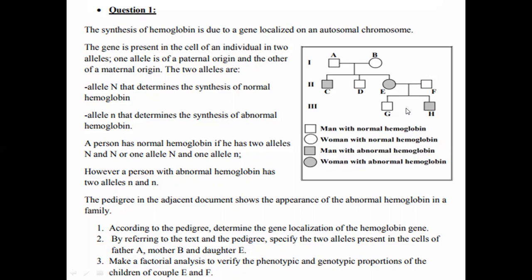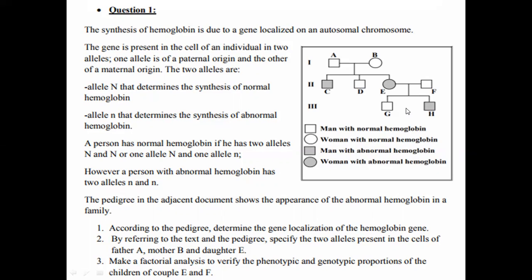A person has normal hemoglobin if he has two alleles N capital, or one allele N capital and one allele N small. So normal hemoglobin can be expressed either in homozygous or heterozygous form. However, a person with abnormal hemoglobin has two alleles, N small and N small. So it should be homozygous and recessive.